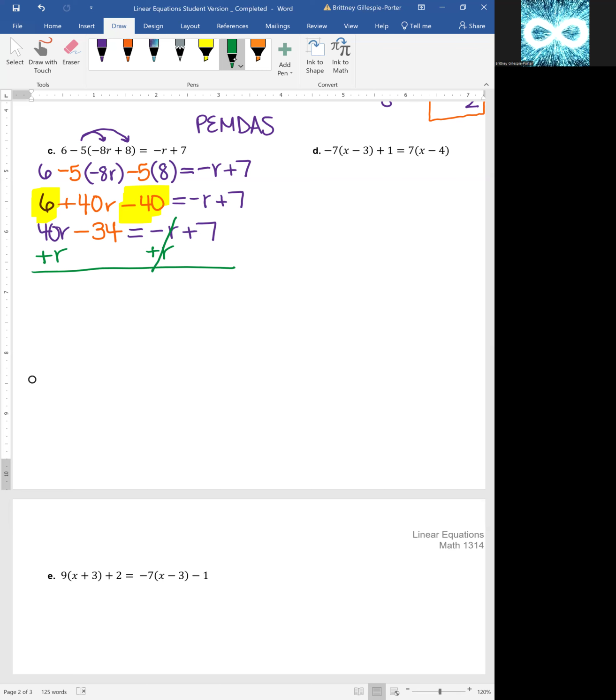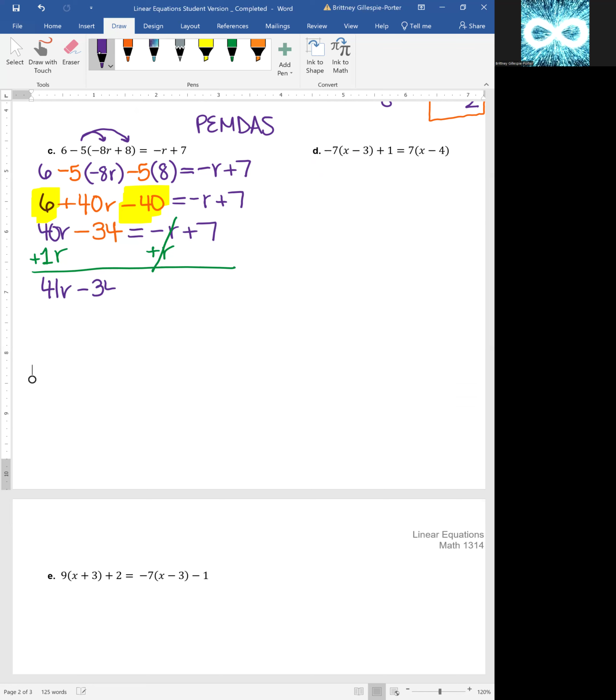Remember that r is the same thing as 1r. So I could have written, instead of plus r, we could do plus 1r. And that may help you when combining the 40r and the 1r, because we get 41r.